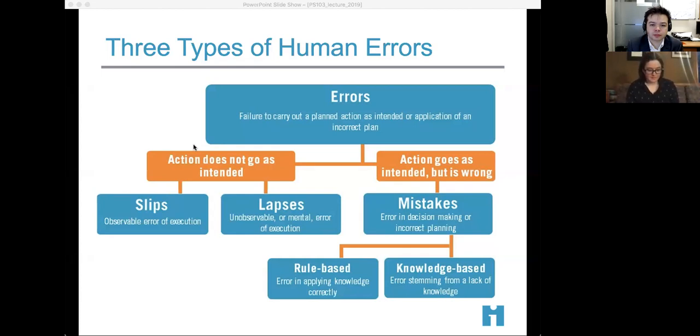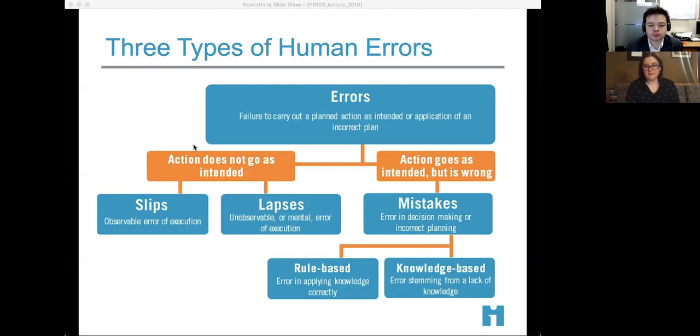And a lapse is an unobservable or mental error of execution. It might only be apparent to the person who experiences it, such as forgetting to administer antibiotic prophylaxis prior to tourniquet inflation. That would be an example in an anaesthetic world. So essentially, it's often forgetting something, a lapse in memory.